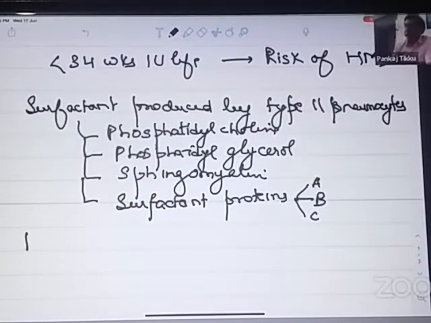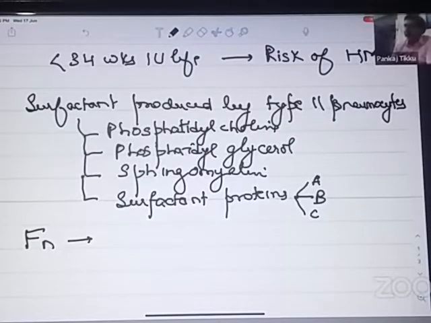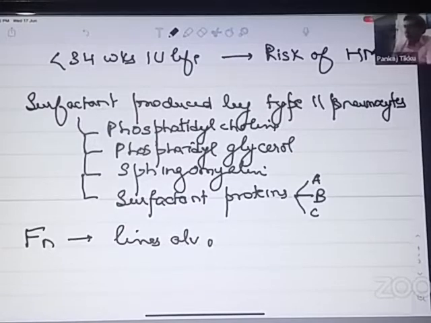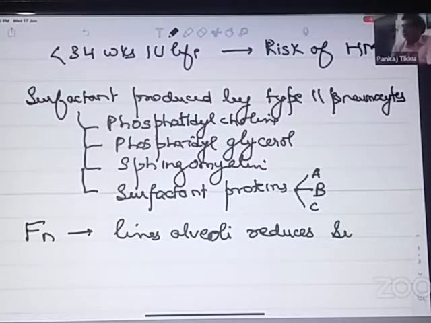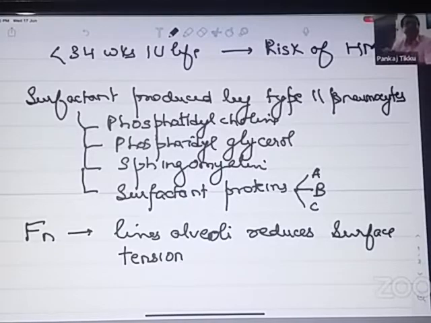The basic function of a surfactant is that it lines the alveoli and it reduces the surface tension in the alveoli.